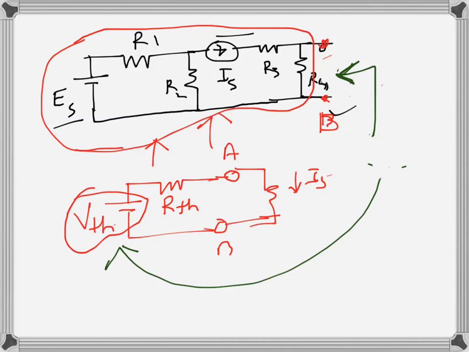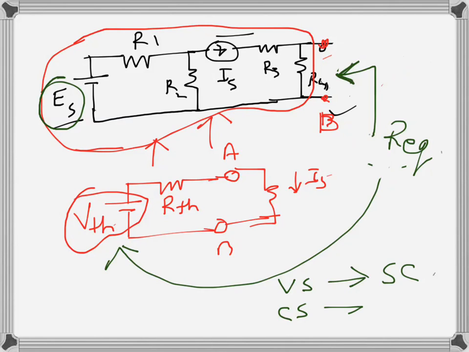But before calculating that equivalent resistance we have to make all the sources in the network inactive. When we say inactive, the voltage sources we have to make short circuit, and the current sources we have to make open circuit. So basically that's the way to make the whole of this network inactive.